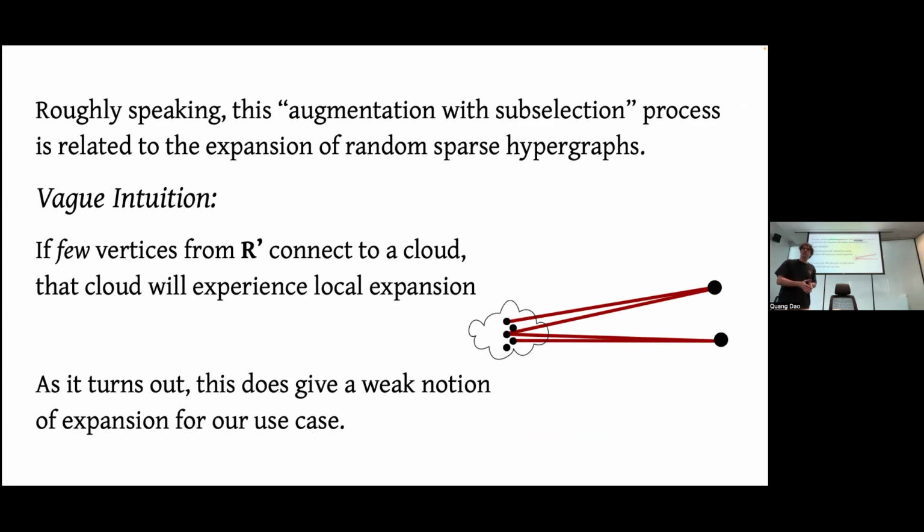And some intuition as to why this helps us in our particular case is that if we have a set of right nodes R', and there's some cloud which has few of those vertices connecting into the cloud, then those connections will be very spread out just due to the randomness. And we get expansion, at least locally, within that single cloud.